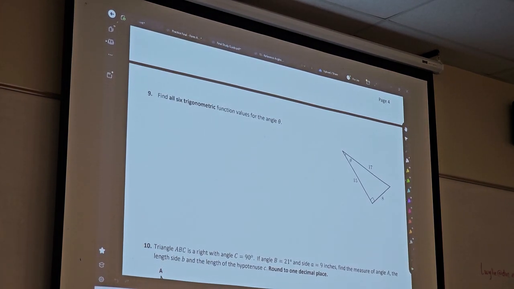Everyone loves this one. I don't want anyone to get this one wrong, right? You make your legend, frame your angle. The side opposite that angle is opposite. Here's your legend. Opposite is 8. Then the big one is the hypotenuse. Big number.